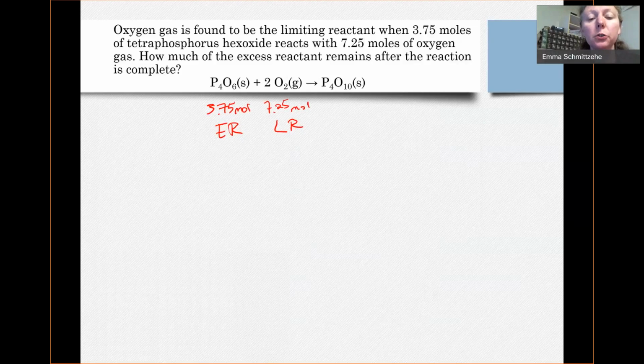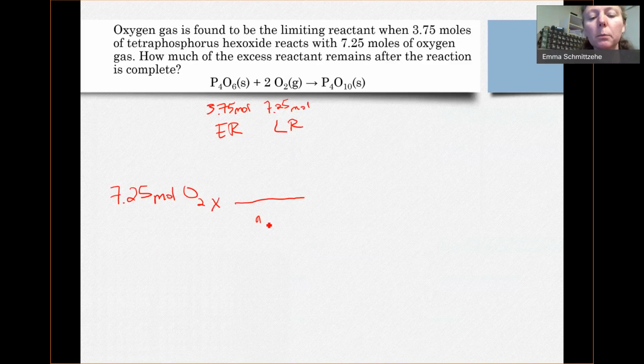So what we're going to do is we're going to start with the substance that we know fully reacts, the limiting reactant, which is the same thing we would start with if we were trying to calculate theoretical yield. The difference here is going to be, instead of trying to calculate how much product to figure out theoretical yield, we're going to calculate how much of the reactant is used.